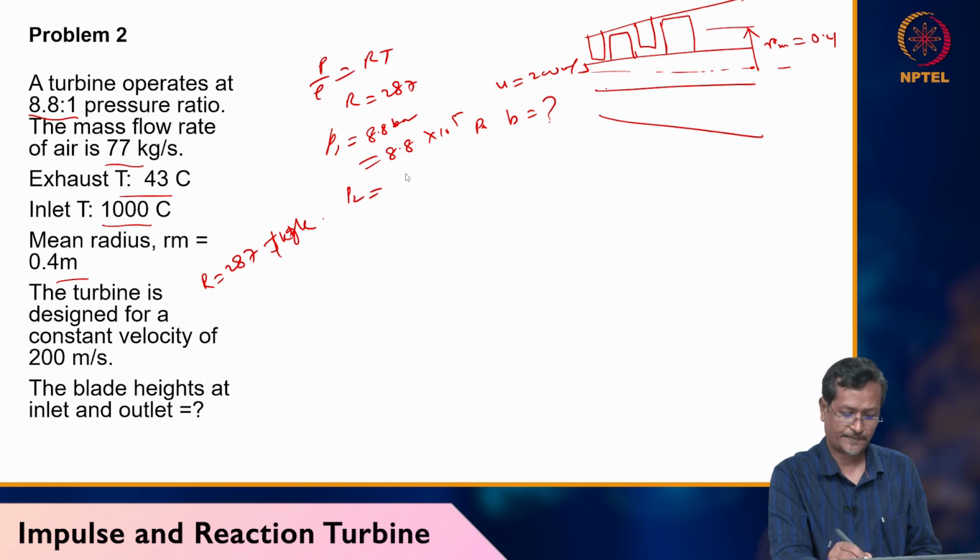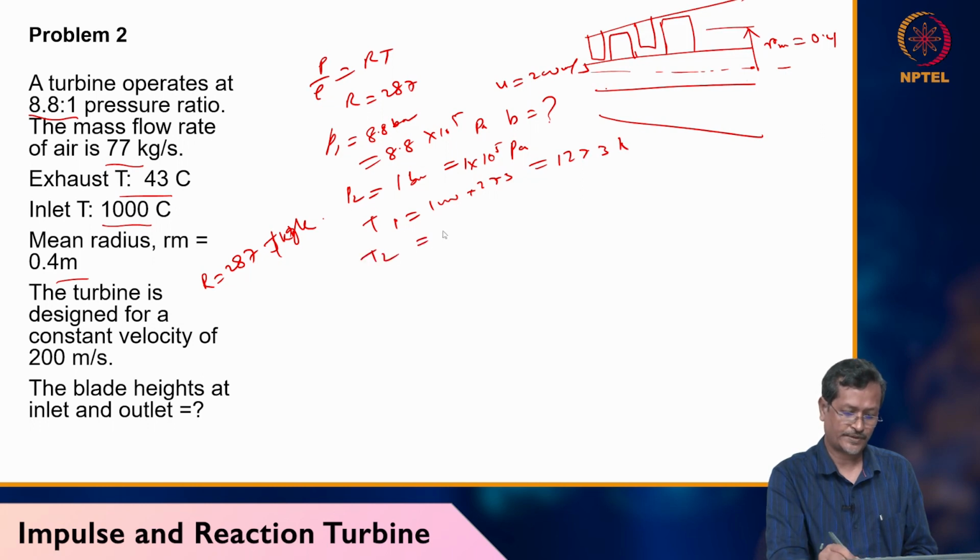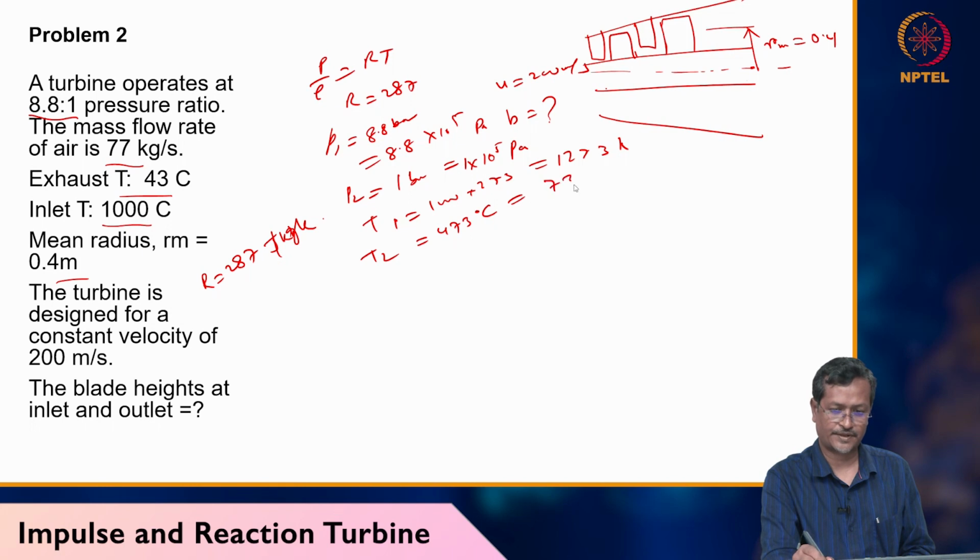P2 equals 1 bar equals 1 into 10 power 5 Pascal. T1 equals 1000 plus 273 equals 1273 K. T2 equals 473 degree centigrade equals 730 K.